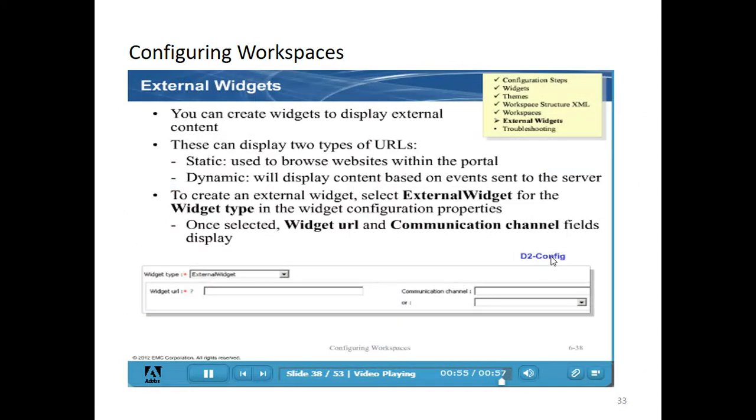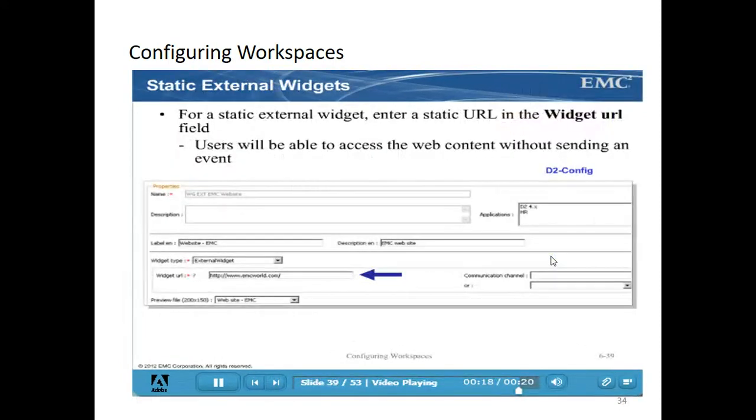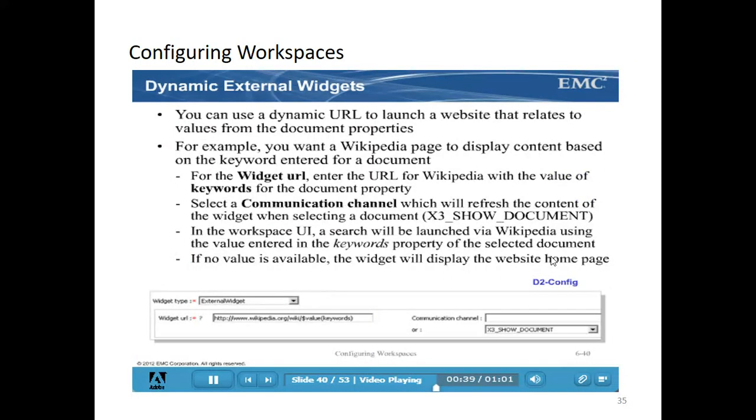For communication channels, only select the widget URL and communication fields to display. For a static external widget, enter the static URL. The user can access the web content without sending it. And for a dynamic web page, as I told, like the dollar value, it will take the keyword from the properties. Communication channels, for example, if you want to refresh the page frequently, you can use X3 show document.